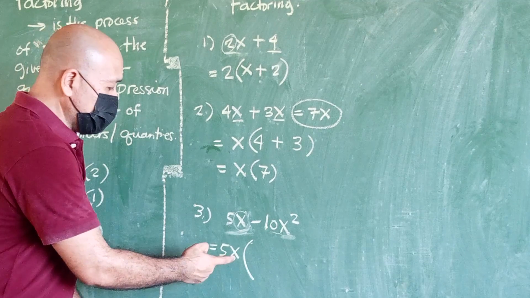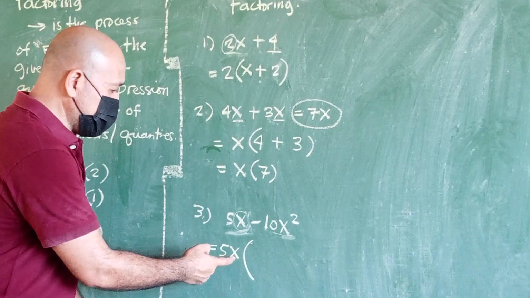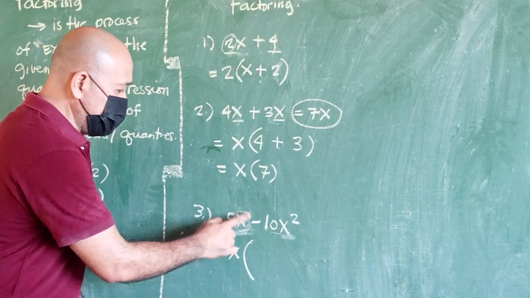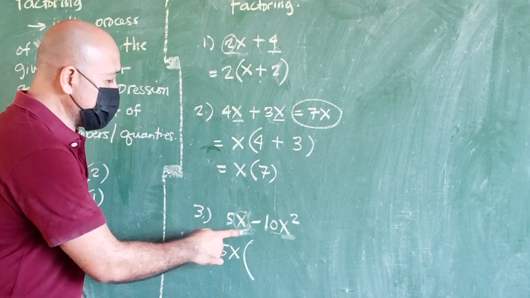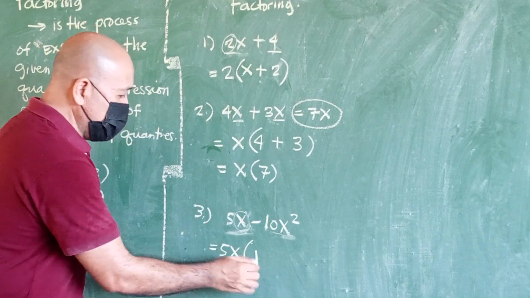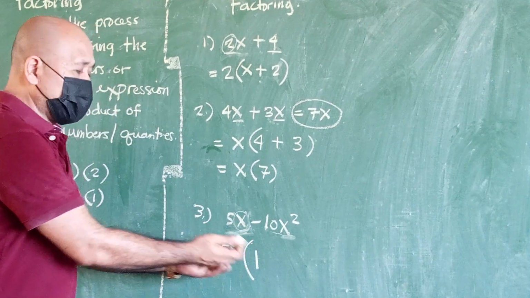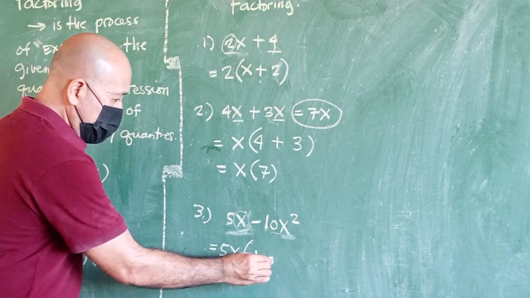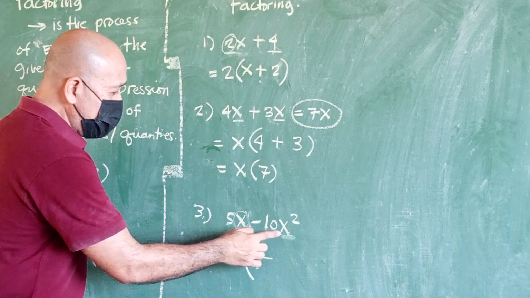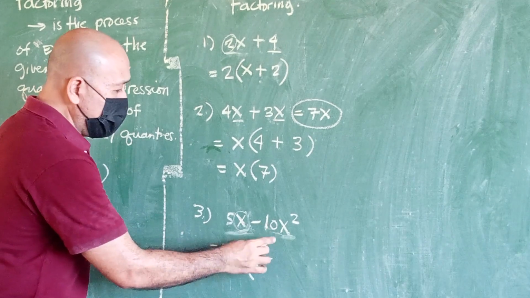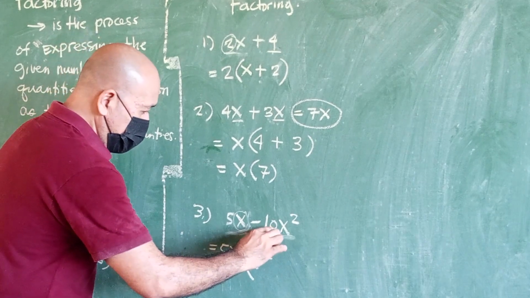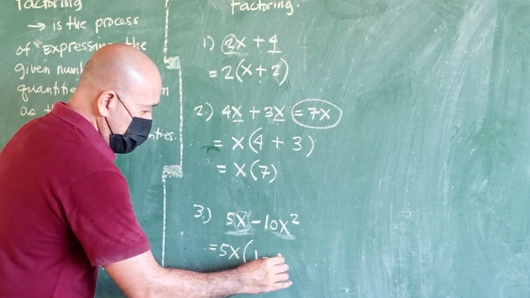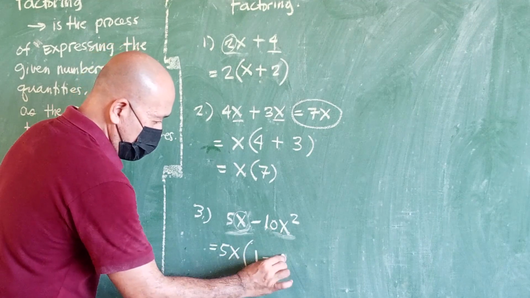when you factor out 5x, the remaining term for this first term is only 1 since you have factored out 5x. And then minus, when you factor out 5 from 10, the coefficient that remains here is only 2.